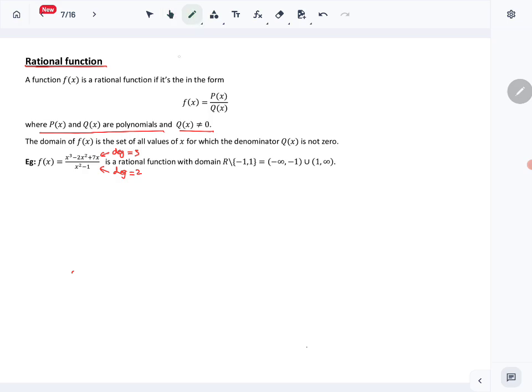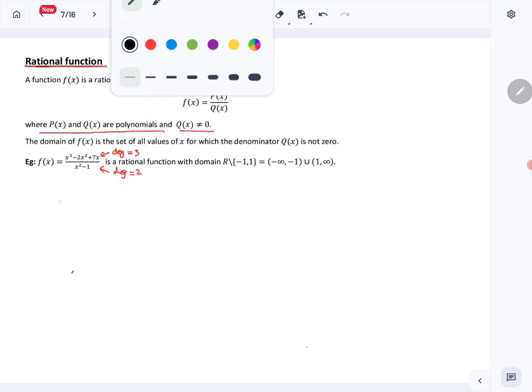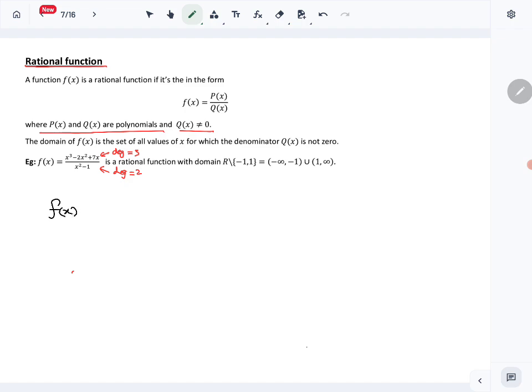Okay, now let's find the domain of this rational function. Right. So first thing you should do is factor the denominator, because we want to find the points where the denominator becomes 0 and get rid of those points. That is how you find the domain of a rational function. So x squared minus 1 is same as x squared minus 1 squared. So what's the formula?